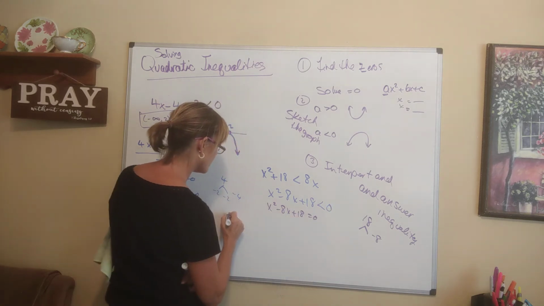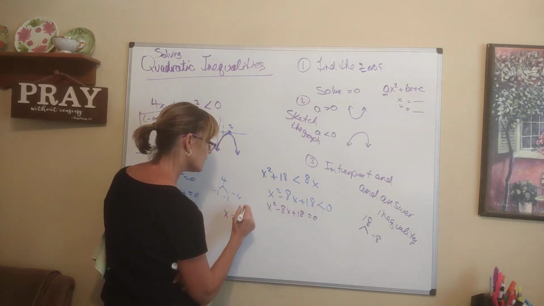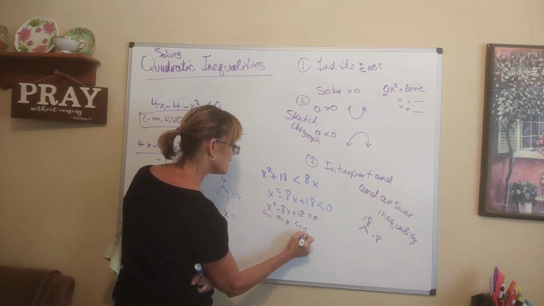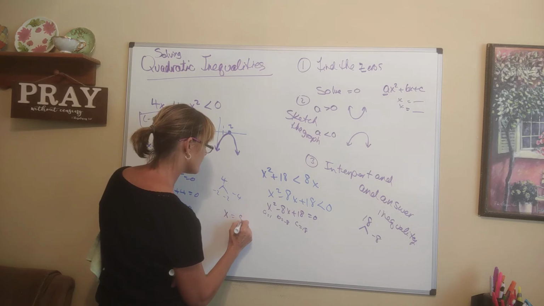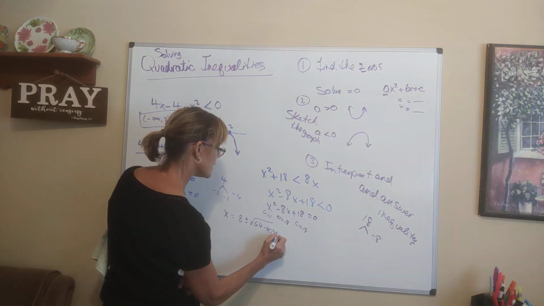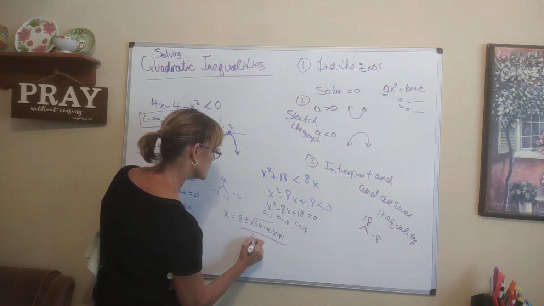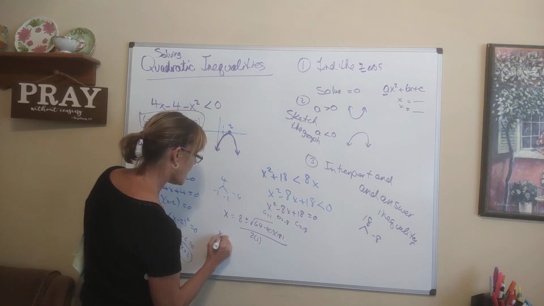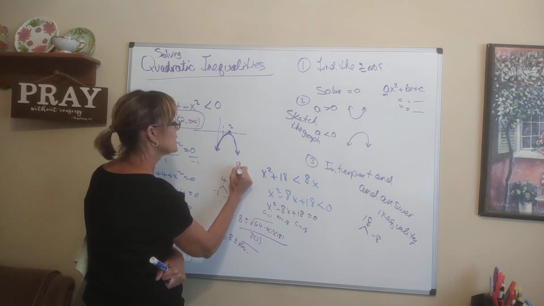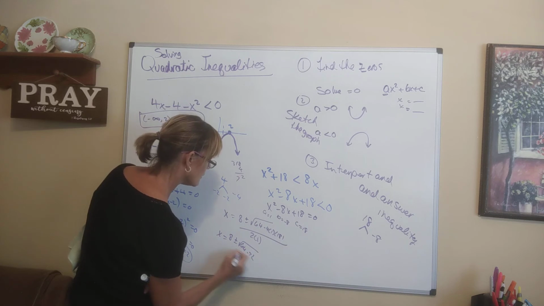Let's use the quadratic formula. x is negative B plus or minus the square root of B squared minus 4AC, all over 2A, where A is 1, B is negative 8, C is 18. So x is 8 plus or minus the square root of 8 squared, which is 64, minus 4 times 1 times 18, which is 72, over 2.